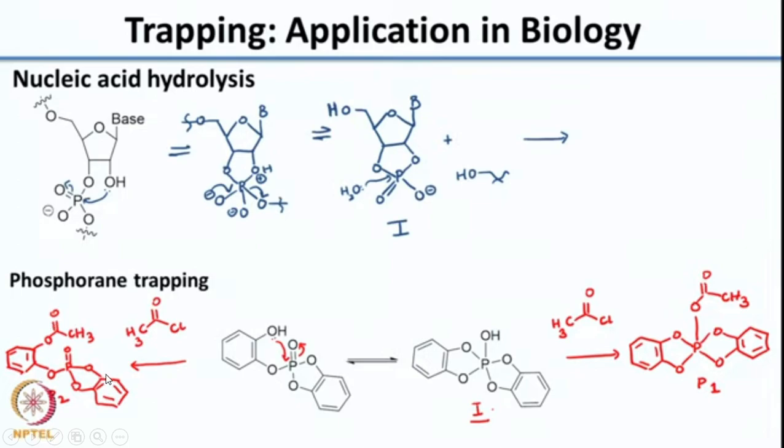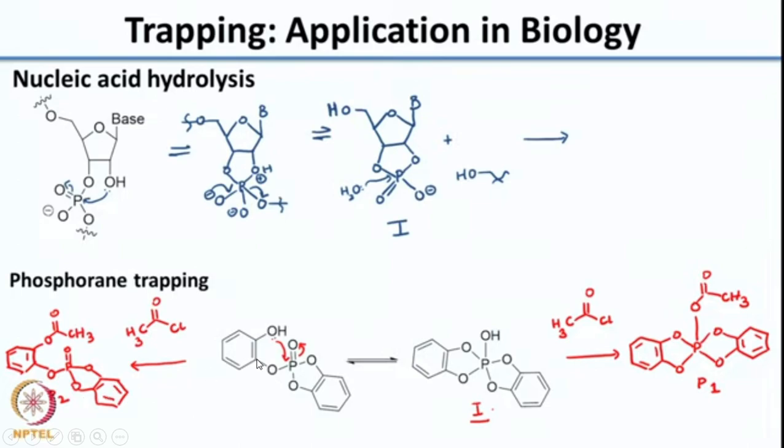In a similar case, if this is not the intermediate, suppose we have this one as an intermediate, then if we react this intermediate with the acid chloride, sorry, chloroacetate, we will observe that here O minus OH will trap the acetate ion followed by the elimination of chlorine to give P2 as a product.